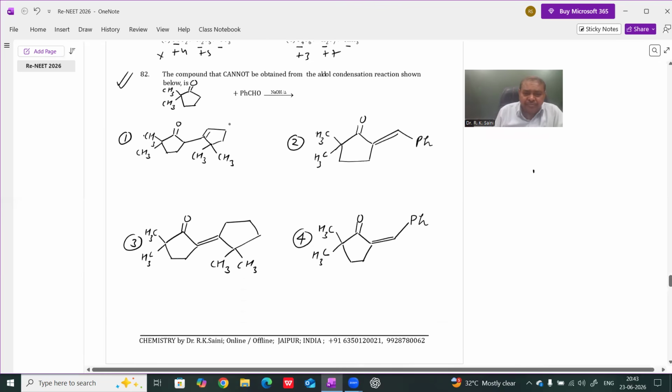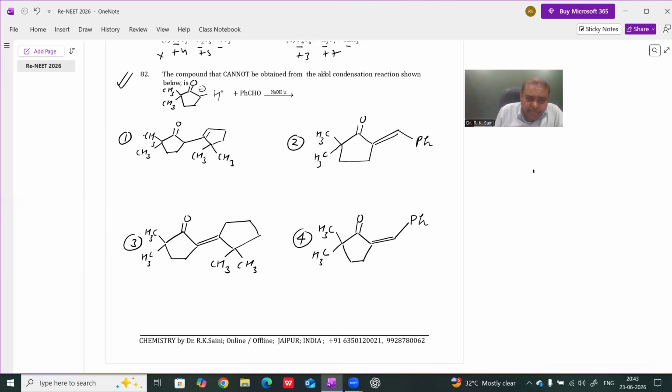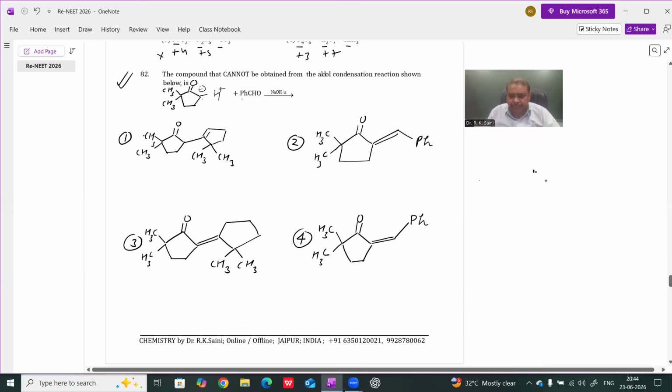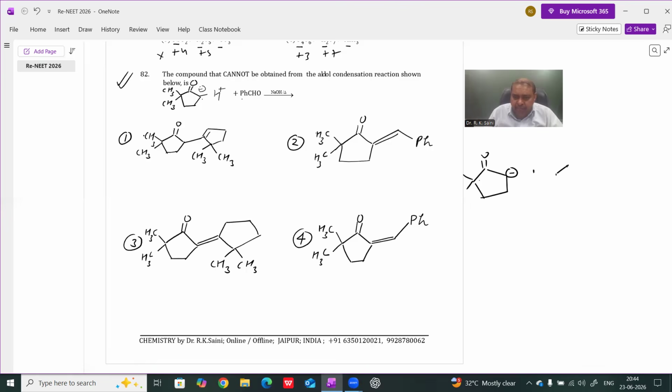In case of the first, this active H gives the active H and nucleophile, and this nucleophile attacks on this ring. Check the product of question first. This ketone makes a nucleophile in alkaline medium, and the attacking species is benzaldehyde.